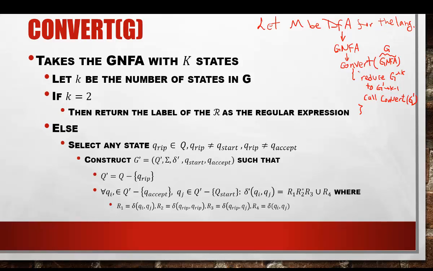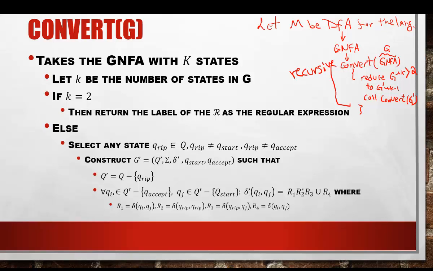Now, this is a recursive calculation, of course. And so to avoid an infinite loop, we stop this conversion whenever k is equal to 2. This operation is going to happen as long as k is greater than 2. The moment you end up with a GNFA with 2 states, you know that you're done, your conversion is done, and so you return the label of the only remaining transition arrow.